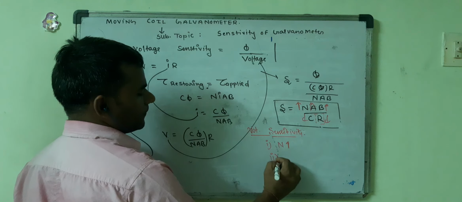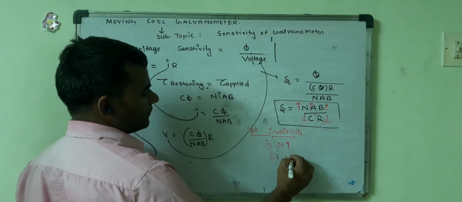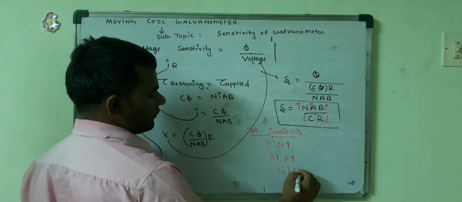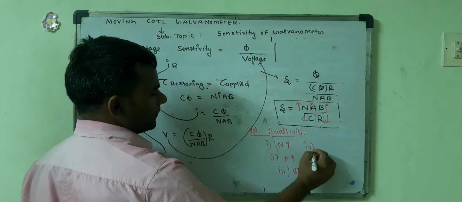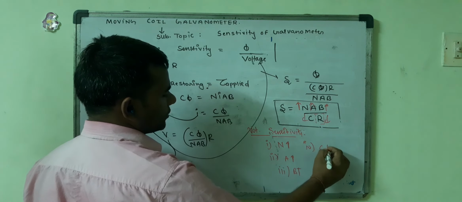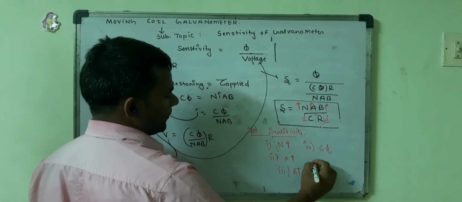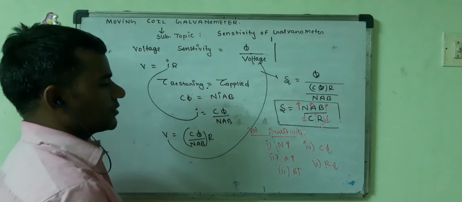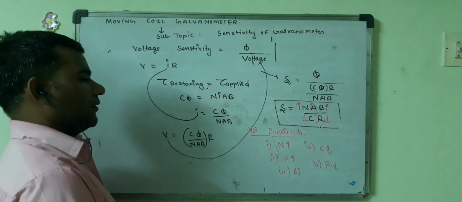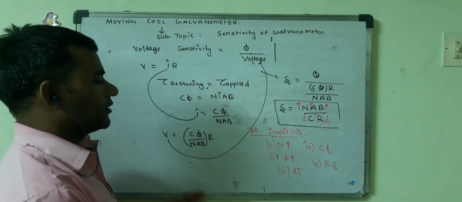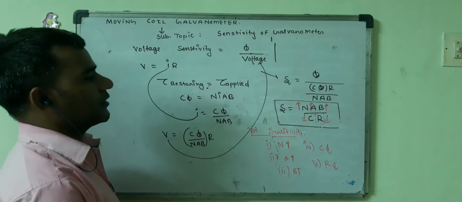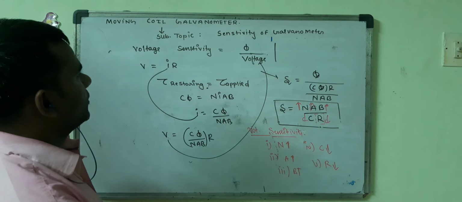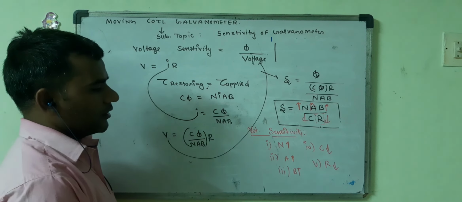Second, increase area of the loop. Third, increase magnetic field. Fourth, decrease torsional constant. And fifth, decrease resistance of the wire. Like this we can define the voltage sensitivity and current sensitivity. These are the formulas regarding voltage sensitivity and current sensitivity.